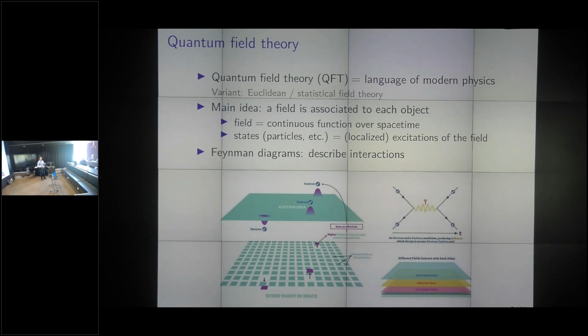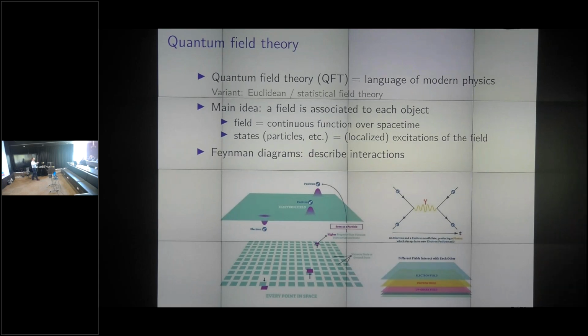And the main idea is that to each physical object, you will associate a field, which is just a continuous function over space-time. So now, when we have this field, we don't want to see each object of a specific kind as unique, but we just want to see them as excitations of this field. So you can imagine your field just being there over space-time. And when it gets excited like a wave on the sea, you interpret this as an object. But if the field is just flat, then you don't have any excitation.